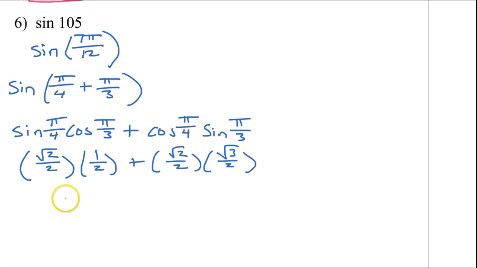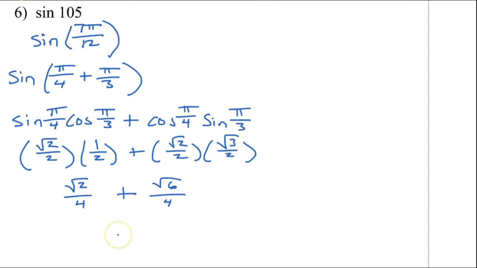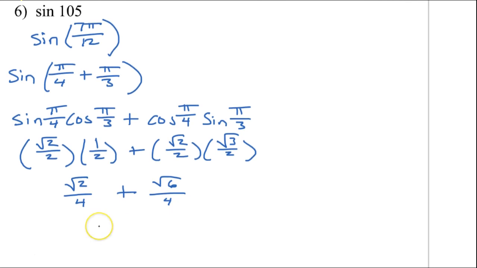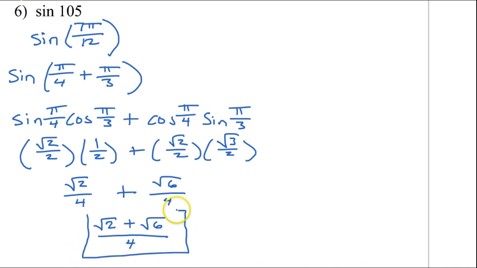Multiplying these two together gives me radical 2 over 4. Multiplying these together gives me radical 6 over 4. Considering that we have like denominators in everything, that gives us radical 2 plus radical 6 over 4. Easy peasy lemon squeezy.